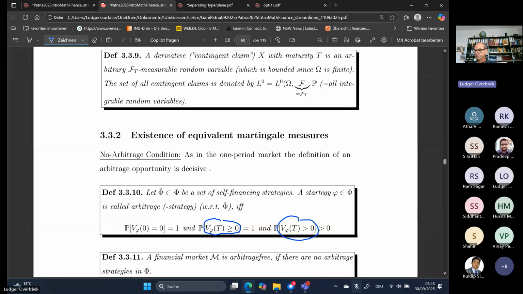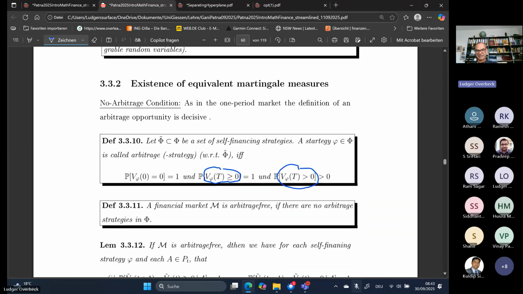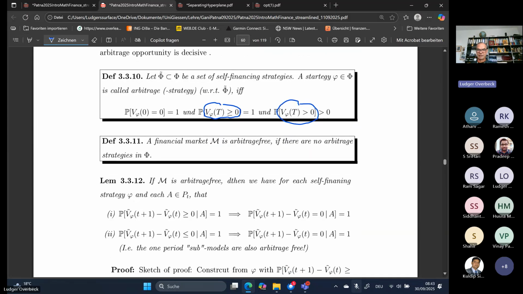But as I said, for our pricing exercise, which we do in this lecture, we do assume that there's no arbitrage. And in this context, we can prove that more or less the entire market is arbitrage-free if each single period is arbitrage-free. Where we have here P_t is a partition, sigma(P_t).